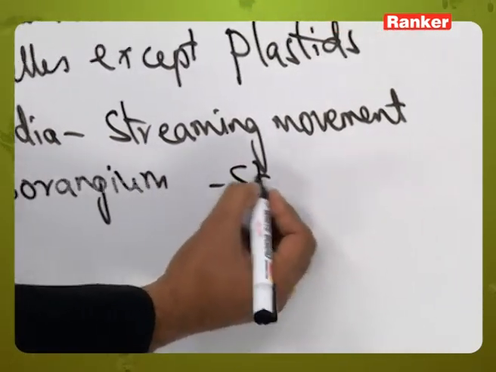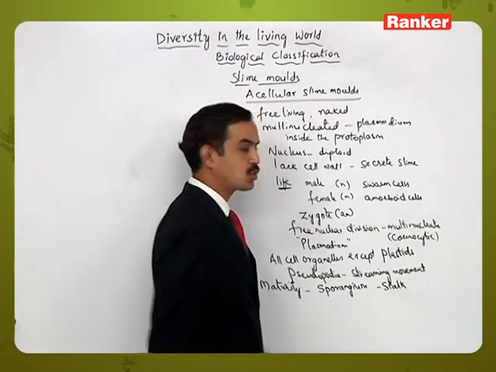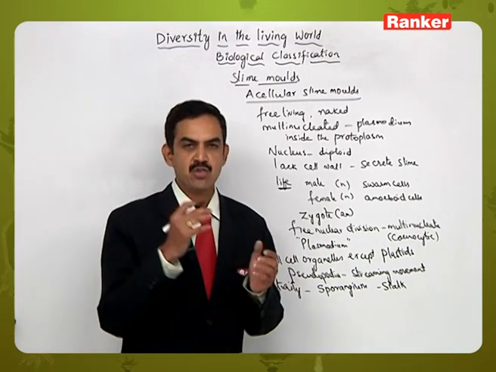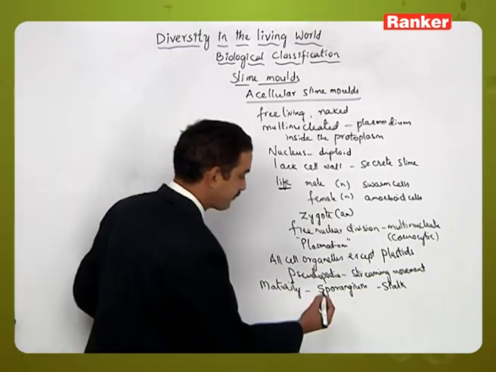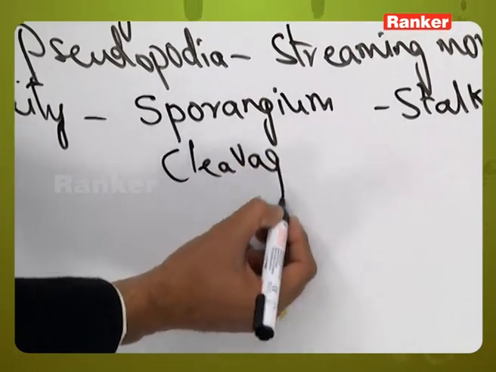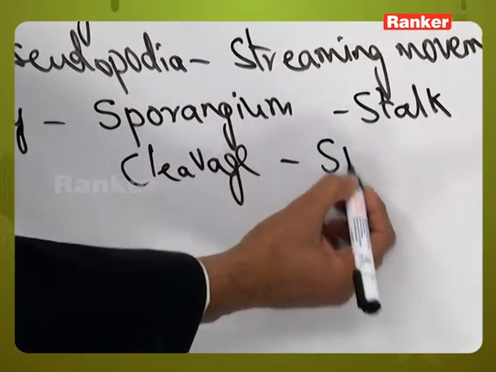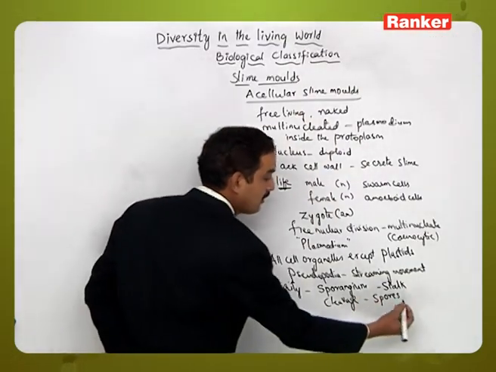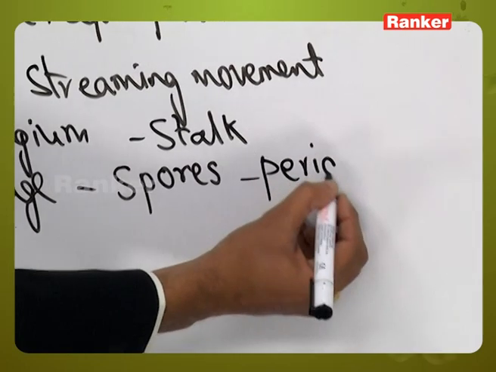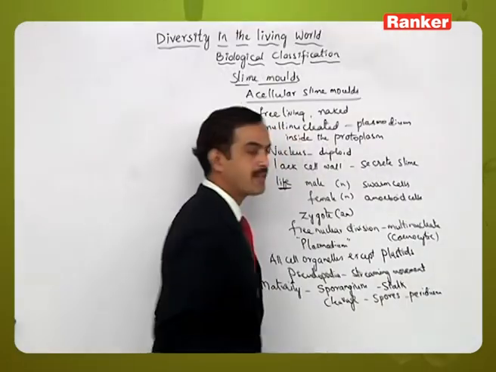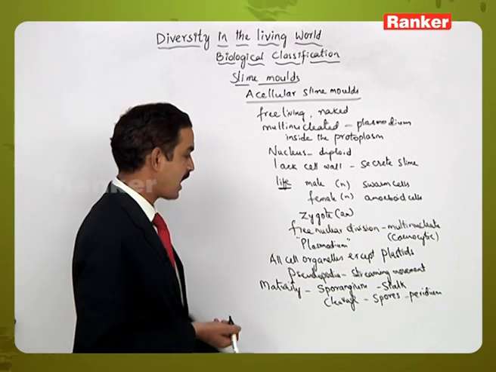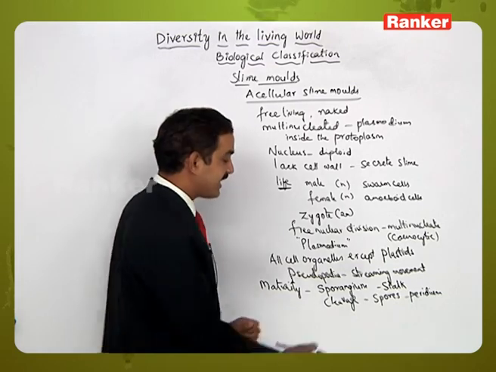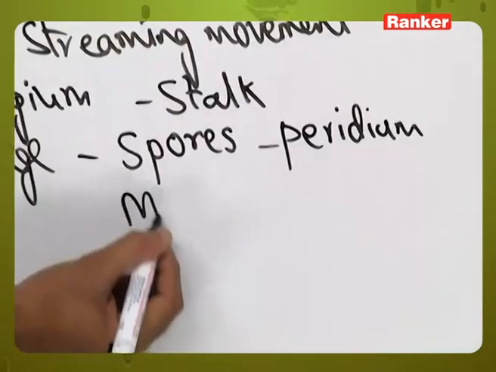This sporangium contains a small basal stalk-like structure, and inside the sporangium the protoplasmic content along with the nucleus will undergo cleavage, resulting in structures called spores. These spores will contain a cell wall around them called the peridium, which is considered to be the true wall present around the spores. And these spores are generally diploid in condition, and inside these spores meiosis will take place.